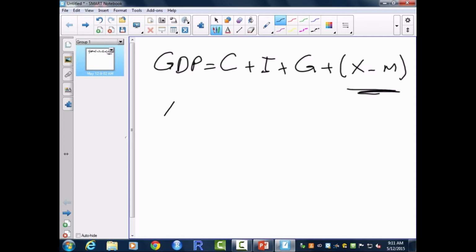Now, our export to other countries is a function of basically two variables. One is the income of the rest of the world, Y star, and the other is the exchange rate, which we show with R: how much of a foreign currency a US dollar can buy.